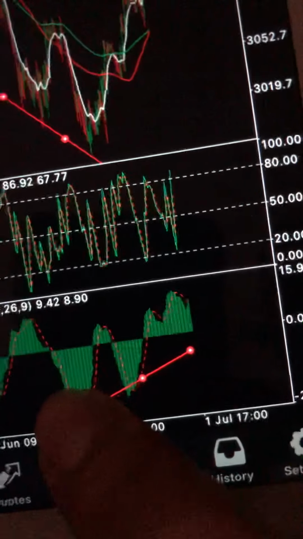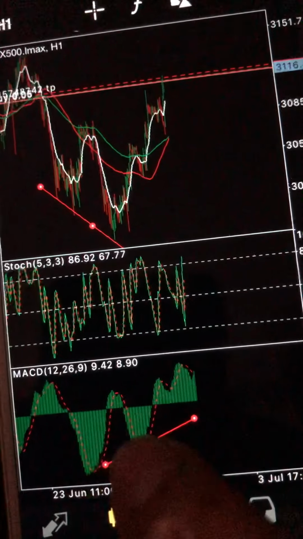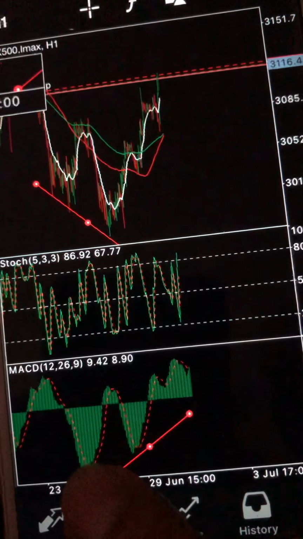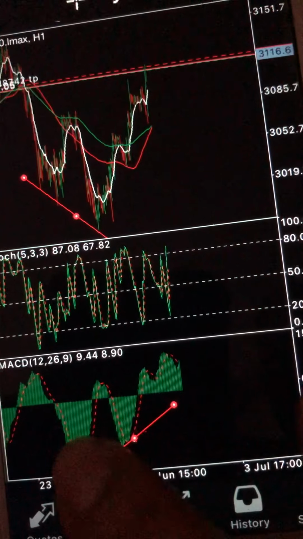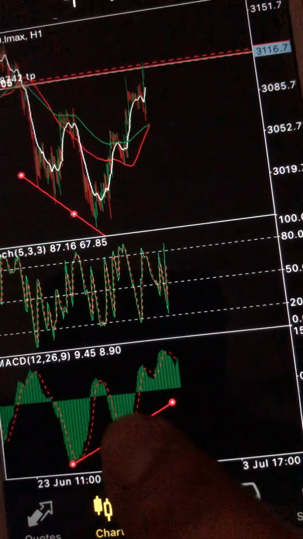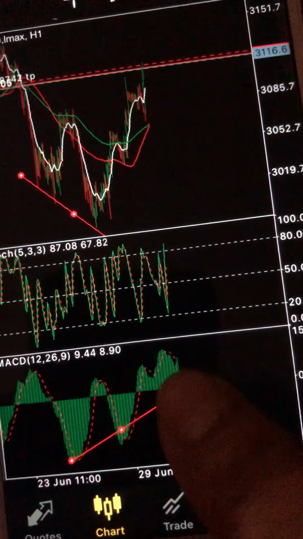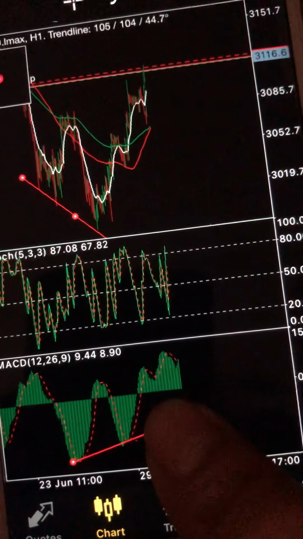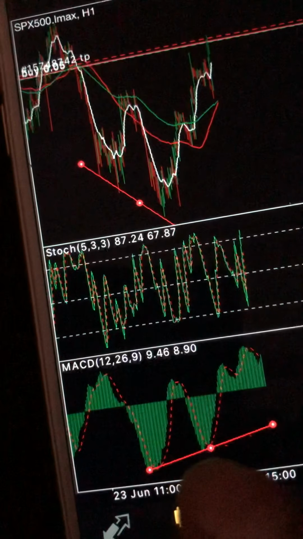Sorry for doing this. But you see the divergence. Price is going down, MACD is going up.